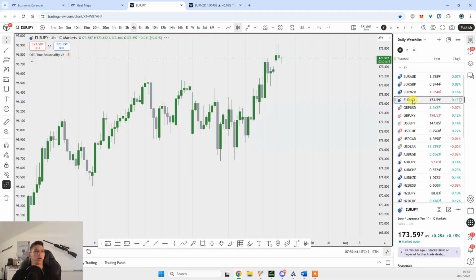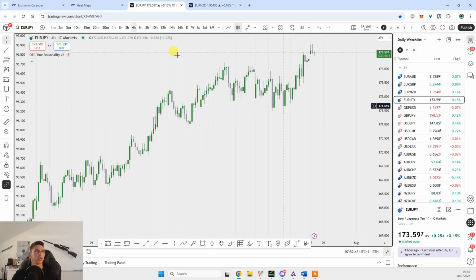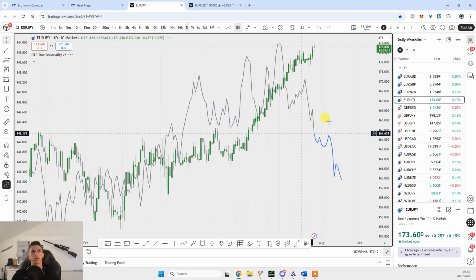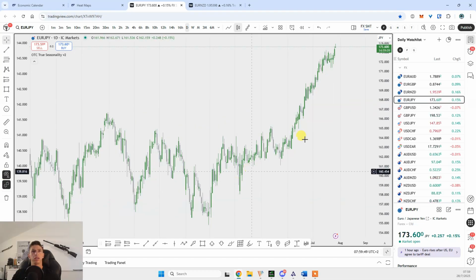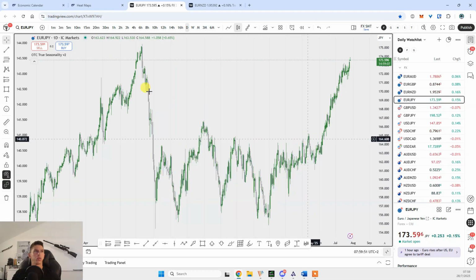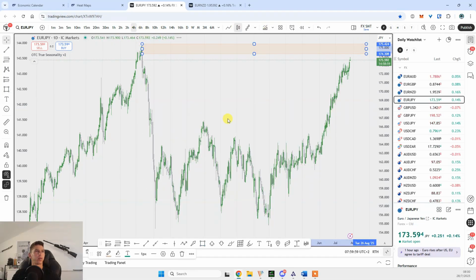Boom. We don't even check the other ones, right? Let's go to the daily. Let's see what are the daily levels. Let's hide all the indicators and oh, pretty close to a supply area. Let's go to the 4 hour.